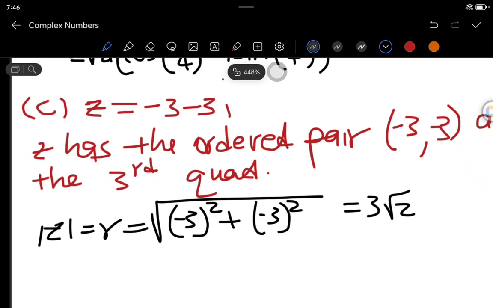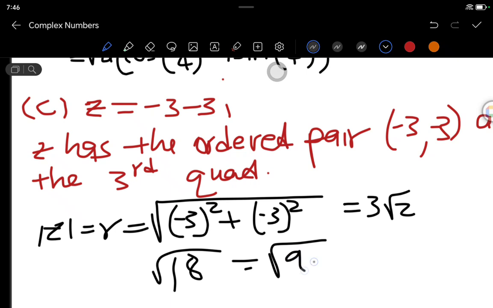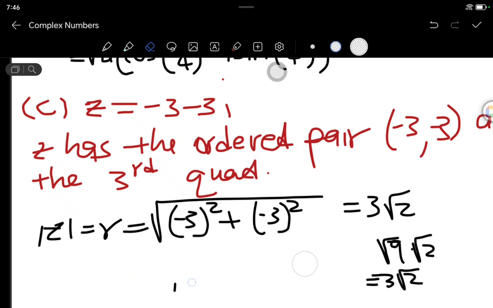Because if I'm in 18, I'm just going to say 9 times 2, and the root of 9 is 3. This can be written like this, right? This is like 3 root 2. So you can easily do that with a calculator. If you have a calculator, you can easily do that, right?